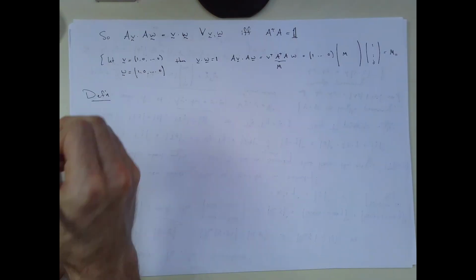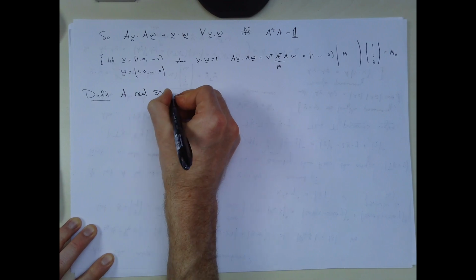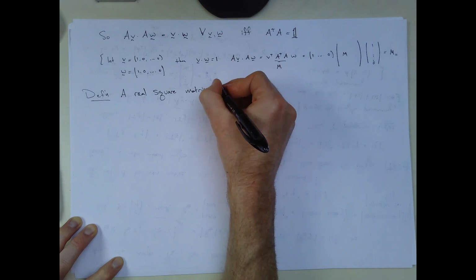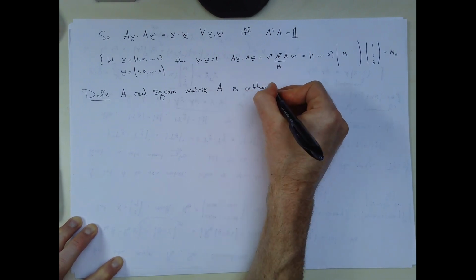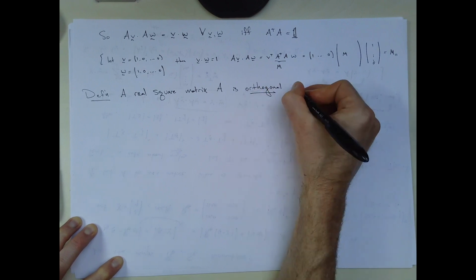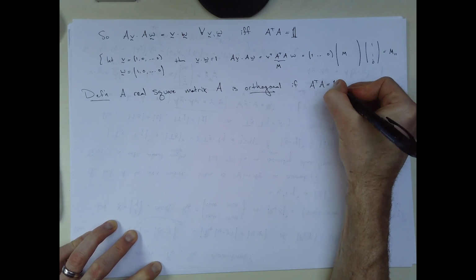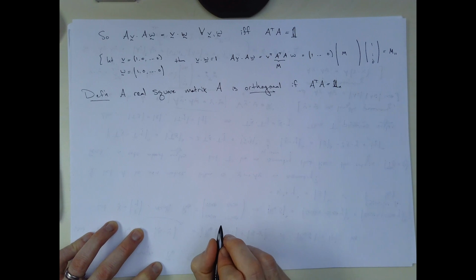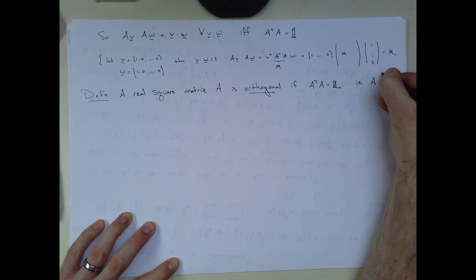As a definition, a real square matrix A is called orthogonal if A transpose A is the n by n identity matrix, i.e. A inverse is A transpose.